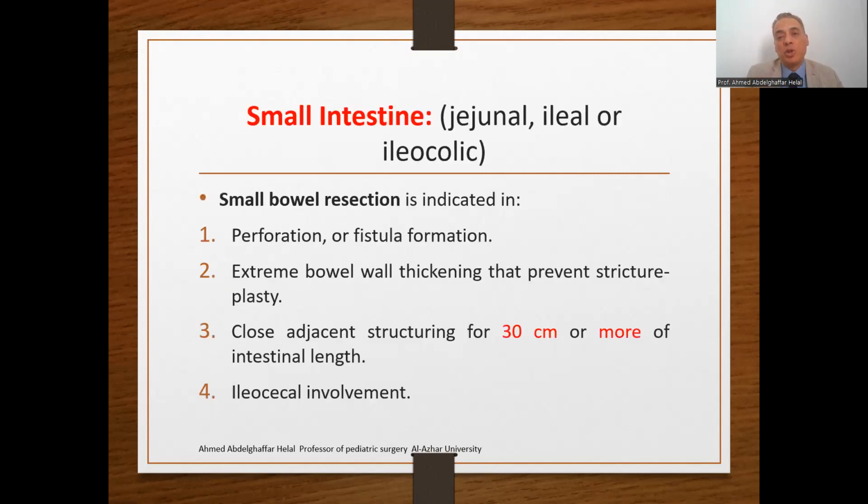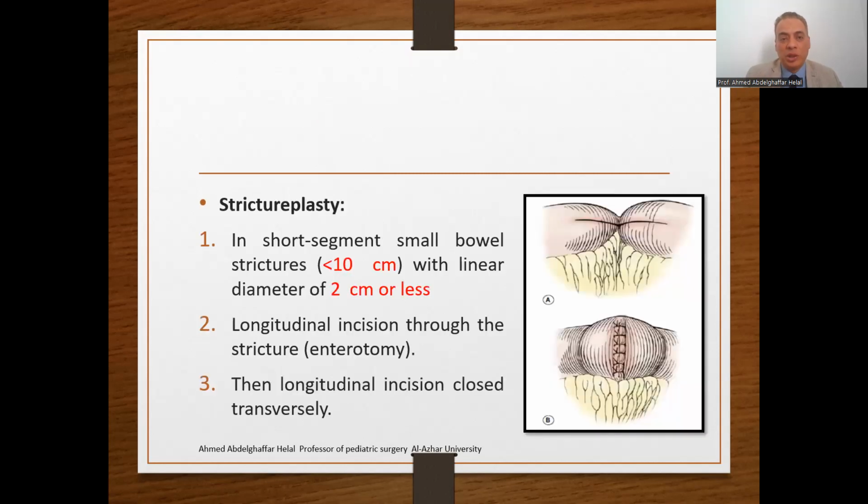In the small bowel, jejunal, ileal, or ileocolic, resection is indicated if there is a perforation, fistula, extreme bowel wall thickening that prevents stricturoplasty, close adjacent strictures for 30 cm or more, or ileocolic involvement. So resection will be limited to specific situations. Stricturoplasty is more commonly performed if there is a short segment, less than 10 cm, with a linear diameter of 2 cm or less.